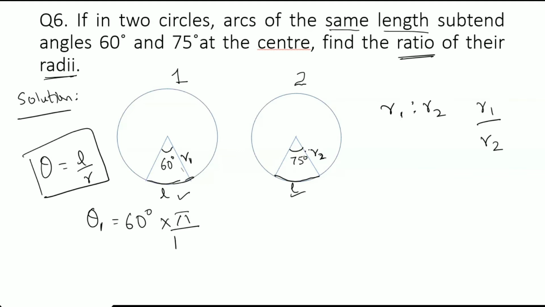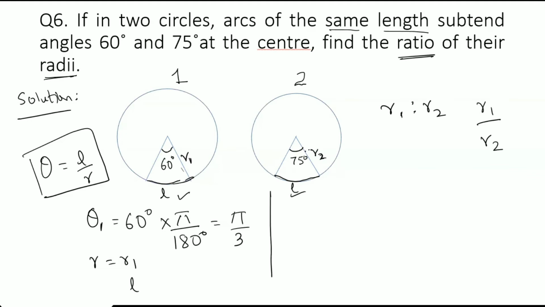So I'll just convert this into radians. So that's pi by 3 radian, and R is R1, and my arc length is L.